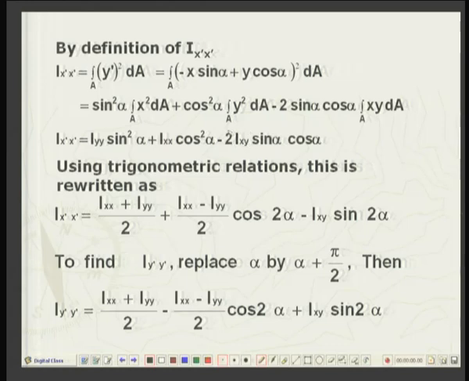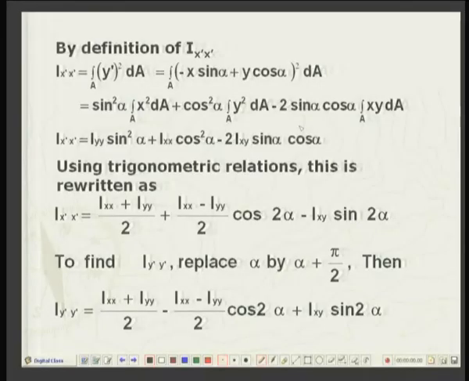So, we have basically set up a relationship between Ix dash x dash and all the 3 quantities in the old reference system, that is Ixx, Iyy and Ixy.